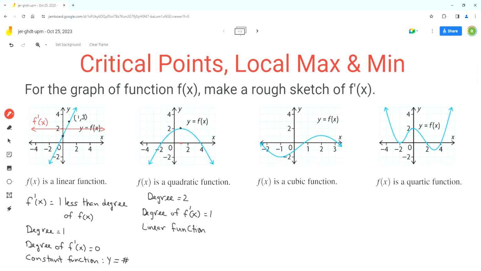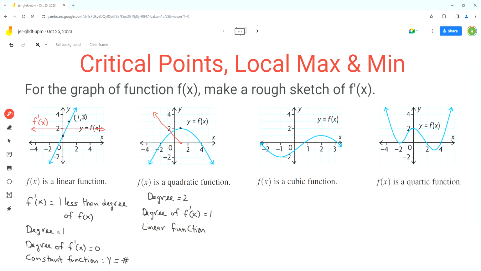So the graph of the derivative to the left side of this x-intercept should be above the x-axis, because when the function is increasing, f prime of x is greater than 0. So the sketch on the left side of this x-intercept should go like this, a straight line.